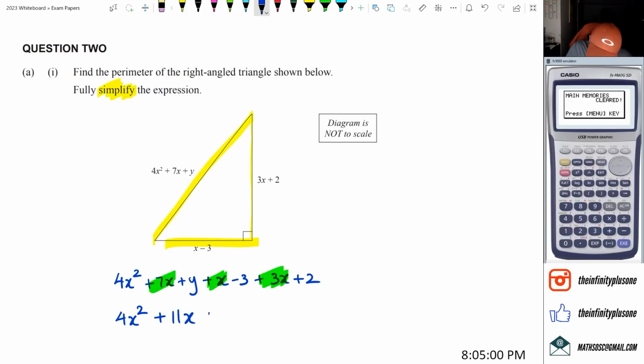I've got 1y, so plus y, and then I've got my minus 3 plus 2, which equals minus 1. Now for this particular question, you have to simplify the full expression for an achieved grade. If you don't, then unfortunately no alternatives are accepted, so you actually have to write the fully simplified version of this answer.